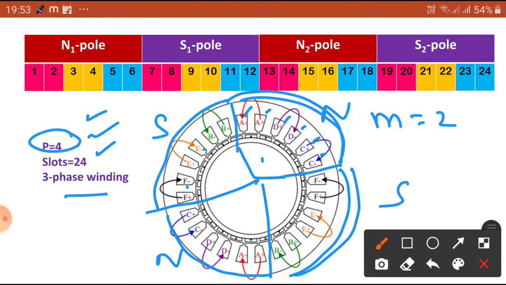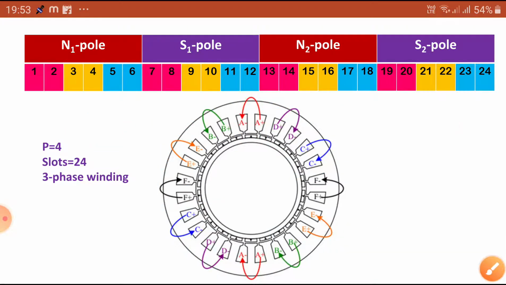Now we can see, for example, two slots are allotted for the R phase, two slots are allotted for the Y phase, and two slots are allotted for the B phase, such that we insert the coil sides. Okay. So, we distributed the winding based on our wave winding.